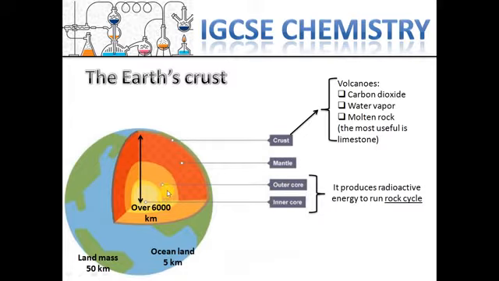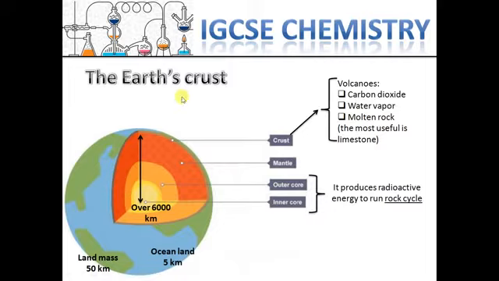Be informed that the distance between the center of the core to the earth crust is over 6,000 kilometers.